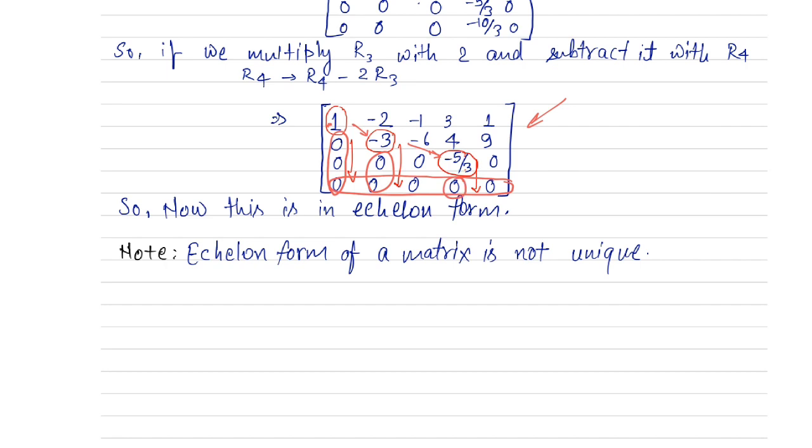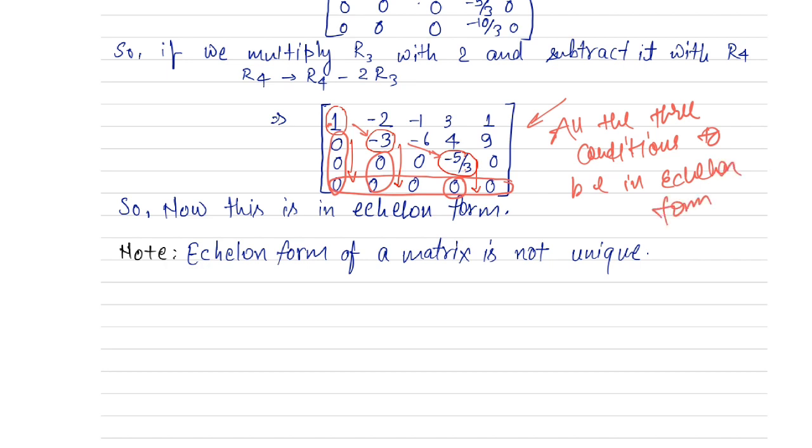So this is satisfying all three conditions to be in echelon form. So this matrix is in echelon form, and also a note is given here that is very important.